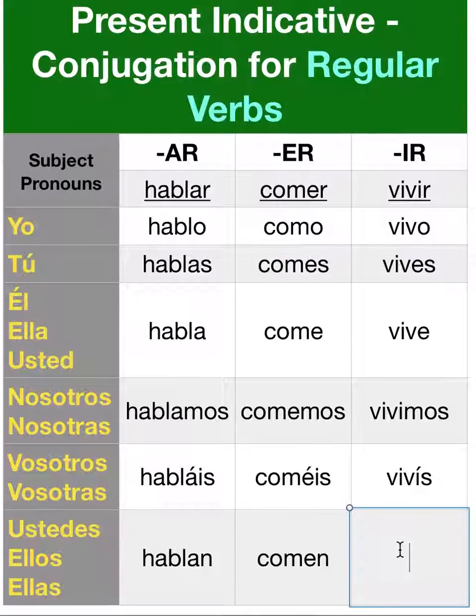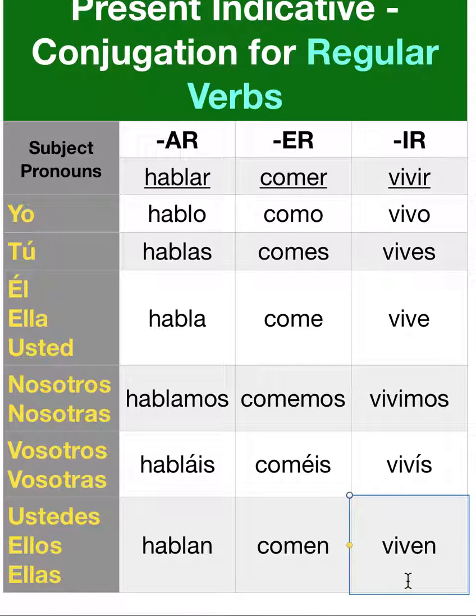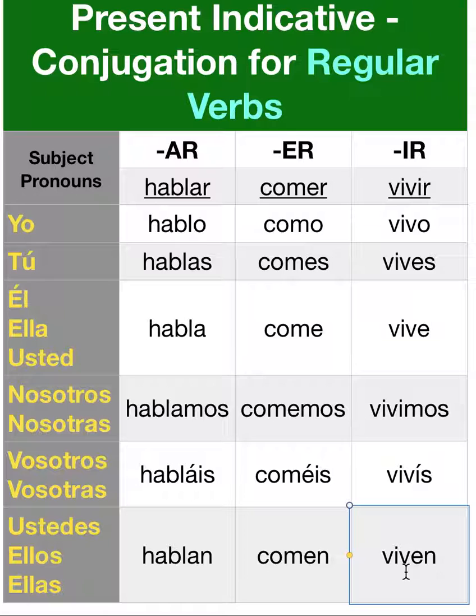And then we have ustedes, ellos, ellas. We take the stem and then we add en. Not in, en. Ustedes viven, ellos viven, ellas viven. You all live, they live, they live.